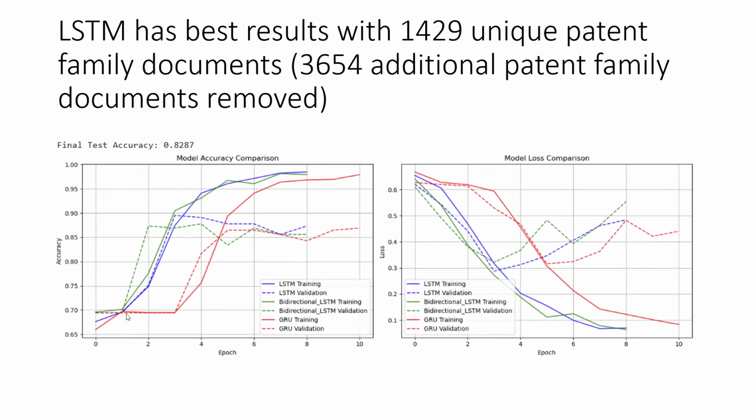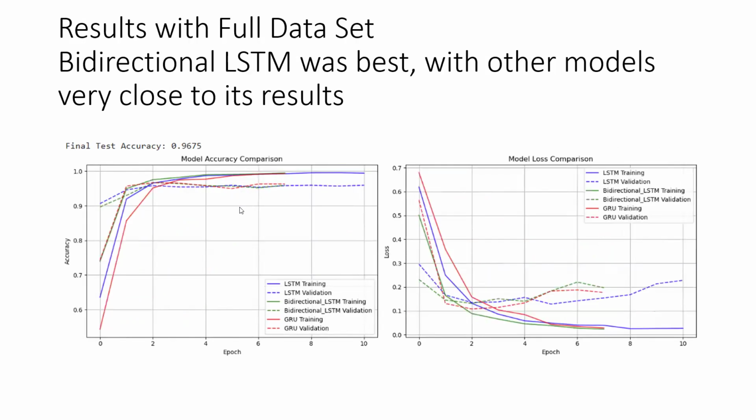But notice this diagram here on the left looks a bit different from that other diagram. They're not close together until roughly epoch 7. Whereas before we were close together at epoch 2. So it took the model a while to get up to higher accuracies, all three of the models.